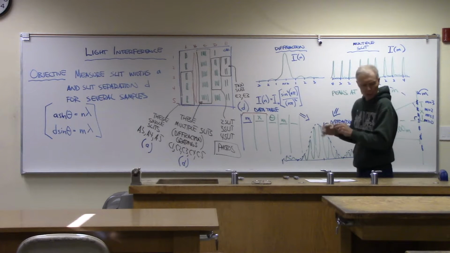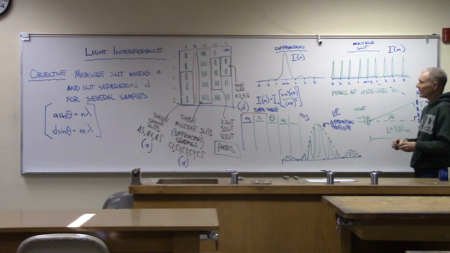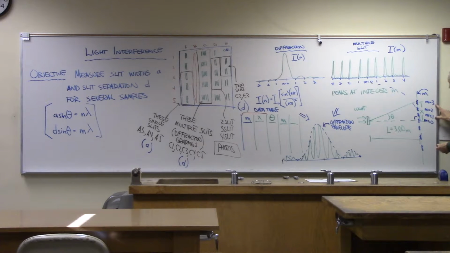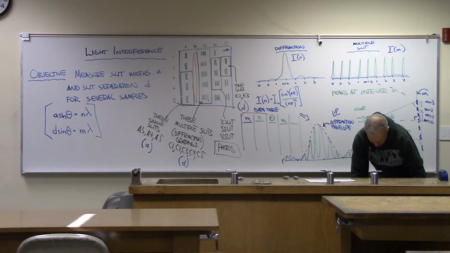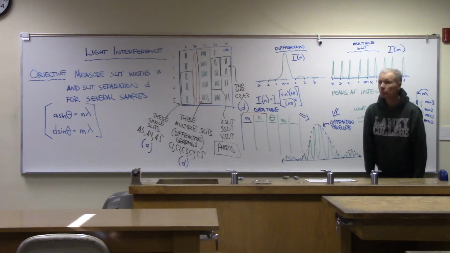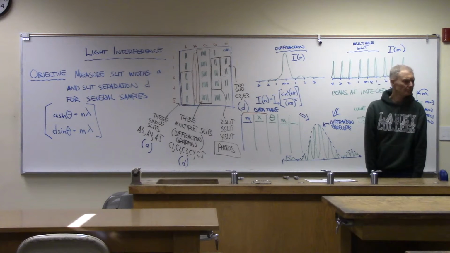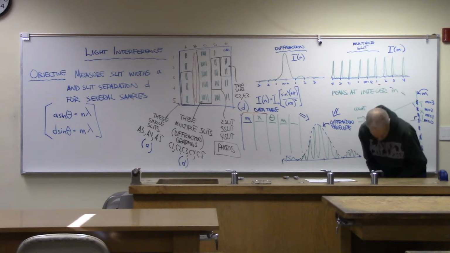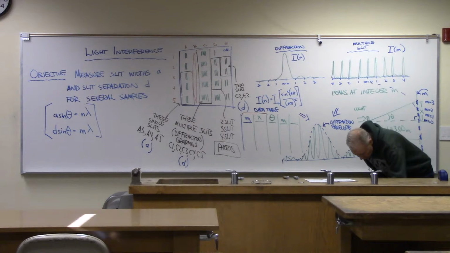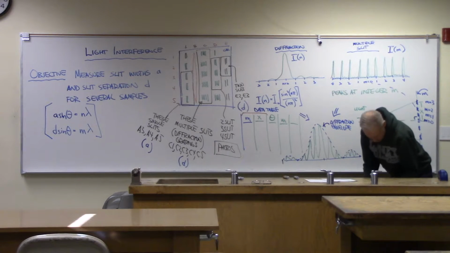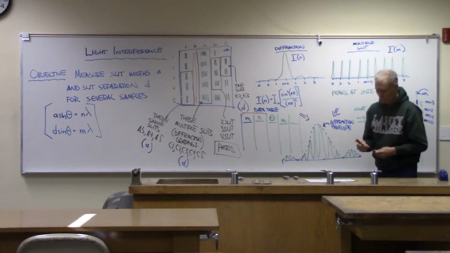Now I can get my ruler out and measure. Let's see, where did my ruler go? I think it was right here. I'm going to find my ruler, and it actually has some other rulers here. Okay, I found one.